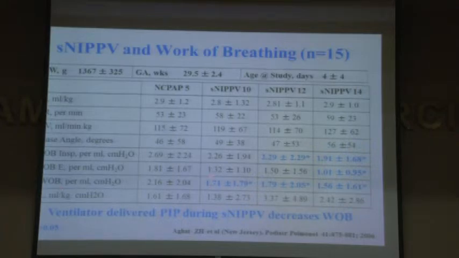So most of the data is here. Ventilator-level peak inspiratory pressure, in this synchronized NIPPV, shows decreased work of breathing. That's why, if we want to be successful with NIPPV, we always start at 20 over 5 or 20 over 6, and then based on the baby's response, we increase or decrease the peak.